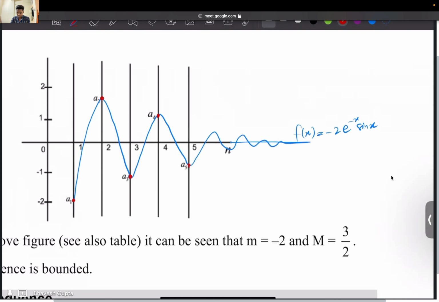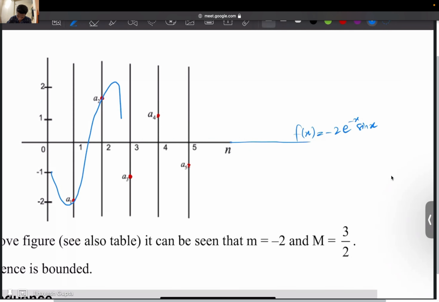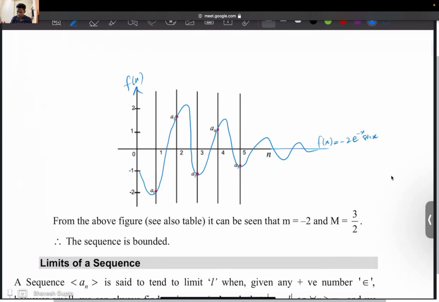This might not be exact; it might be equal to something else. I don't know, so you can check them. That's what we are doing here.